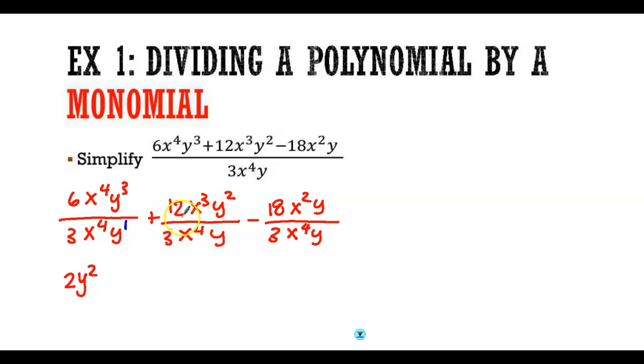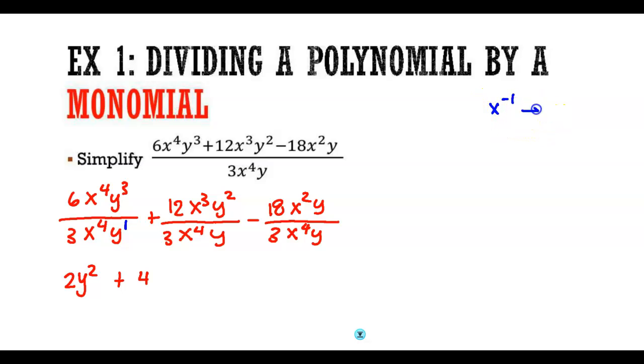Looking at the second term, let's see what we can do. I'm going to reduce the 12 and 3. Just imagine a regular fraction. 12 divided by 3 is 4. And now again, when I divide, subtract my exponents. So I have 3 minus 4, which is negative 1. Now I'm going to do this off on the side here. X to the power of negative 1.